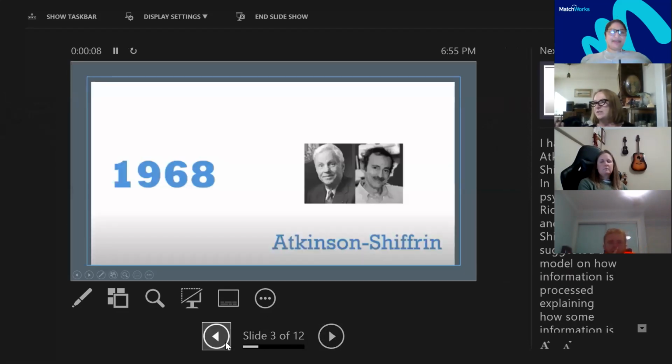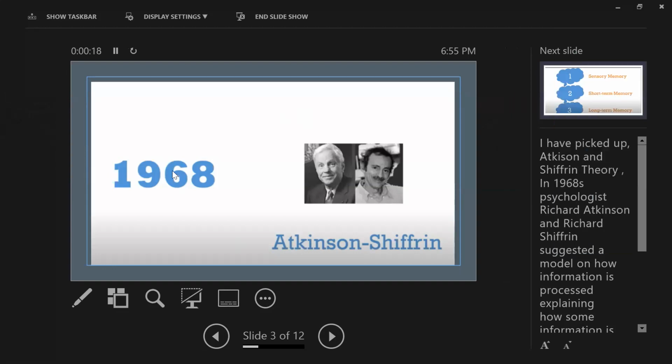Okay, now that we have a better understanding of information processing, I have picked up a theory of Atkinson and Shiffrin.